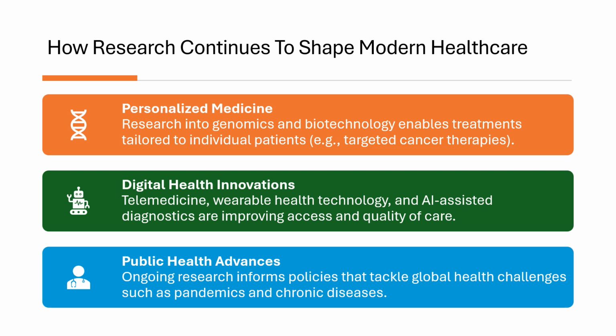For example, targeted cancer therapies are one example of personalized medicine. Also digital health innovations, such as telemedicine, wearable health technology, and AI-assisted diagnostics, are improving access and quality of care.